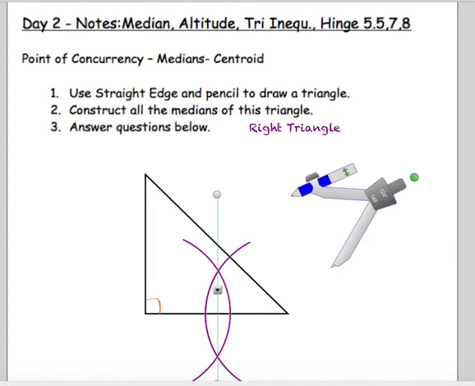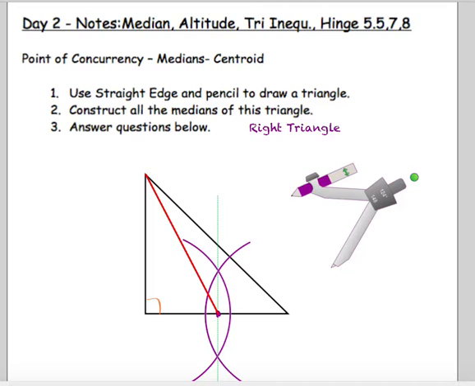Where it crosses the edge of the triangle there is the midpoint, and then I need to connect that point with the vertex of the angle across from that side. So here is the median drawn from the angle opposite that side to that midpoint. So there's the first median.